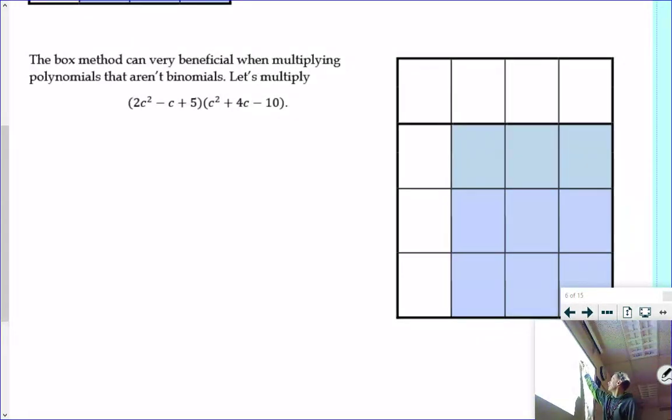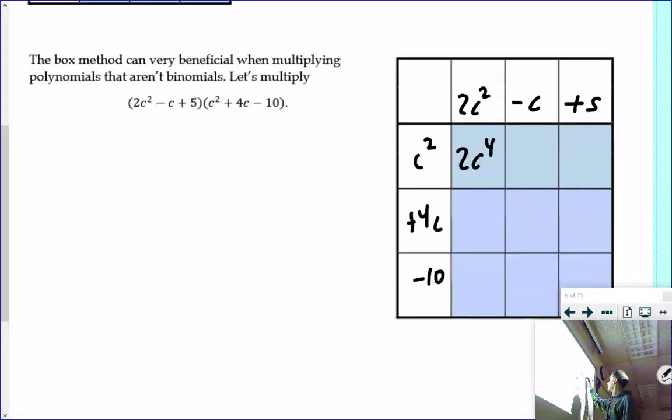Same thing on the 3x3. We just start going to town here.